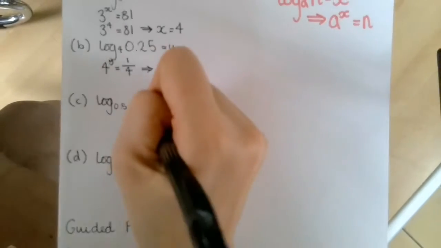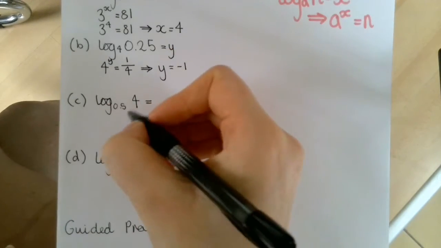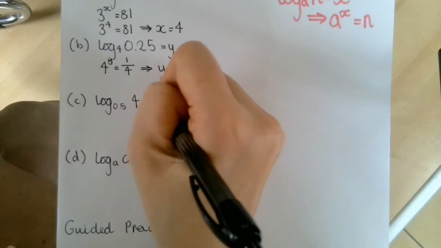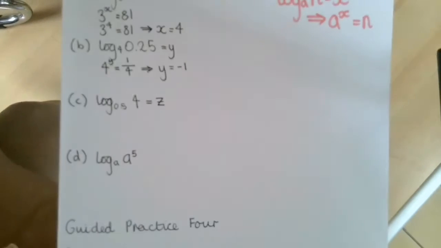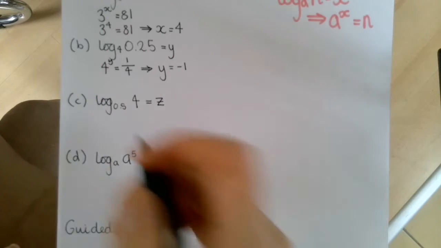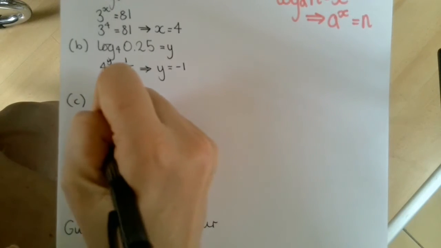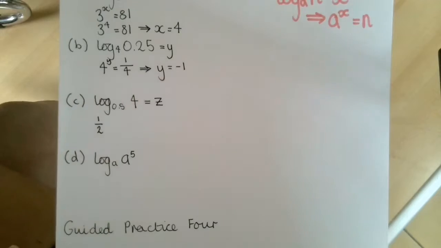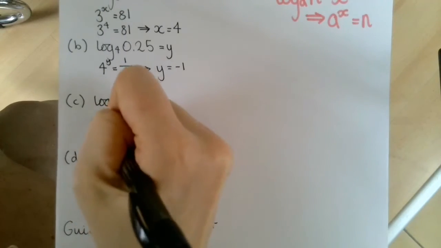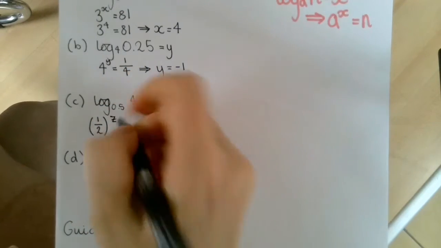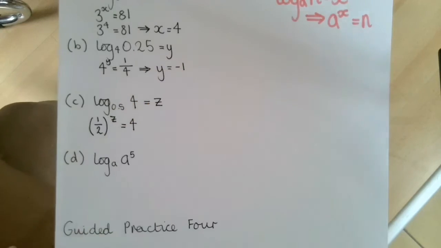Part C, I'm going to say that log base 0.5 of 4 is equal to z. I'm going to rewrite this using my powers. So 0.5 is my base. I'm going to write that as a fraction. I'm raising that to the power of z, and that is equal to 4.